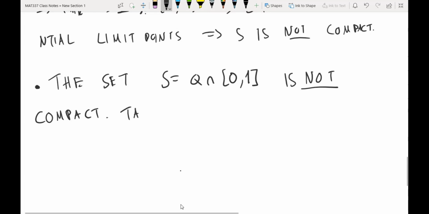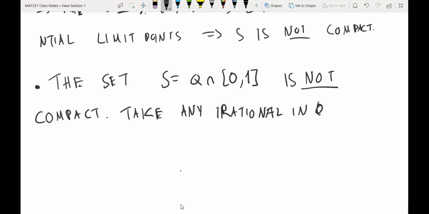Take any irrational in [0,1], like 1 over pi.